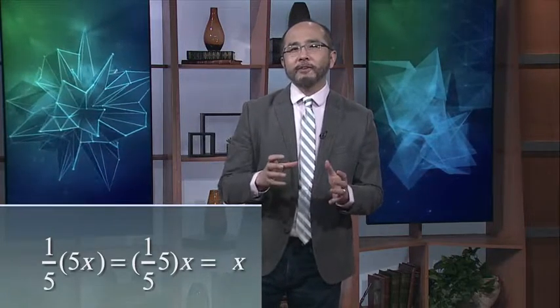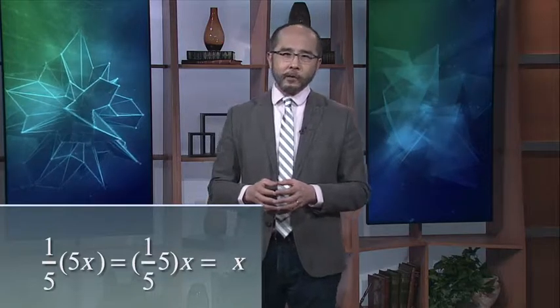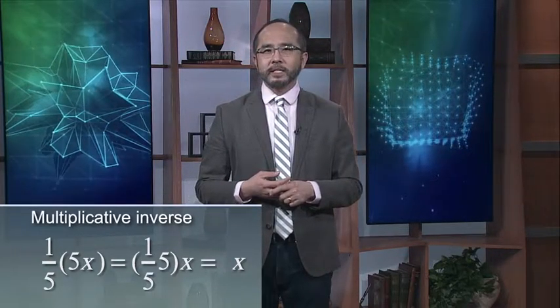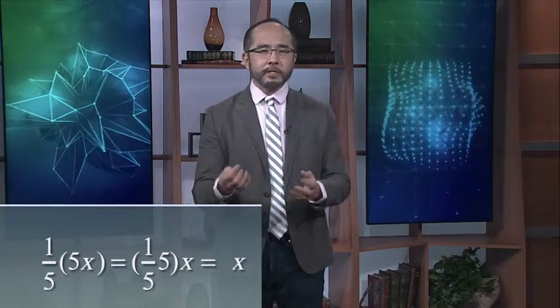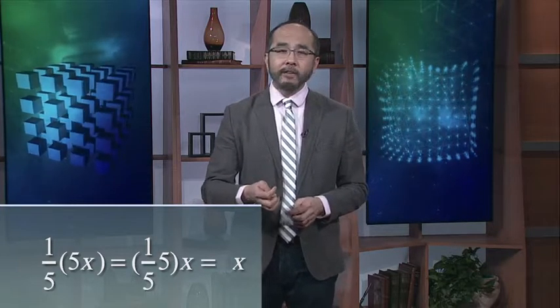So the key to solving the numerical equation is to multiply both sides of the equation by the multiplicative inverse of 5, which means that number which, when multiplied by 5, produces the number 1. The multiplicative inverse of 5 is 1/5.